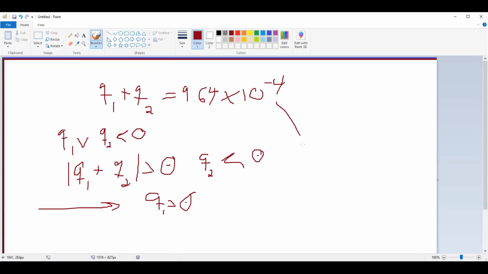And this reduces to Q1 minus the magnitude of Q2, just because of the way we chose those numbers, is equal to 9.64 times 10 to the negative 4.